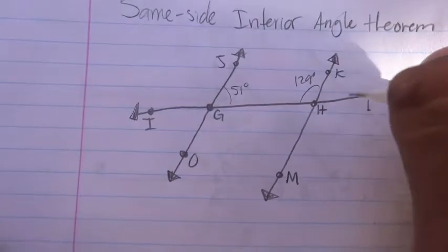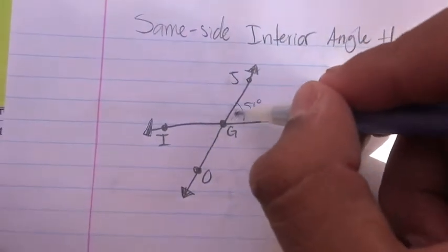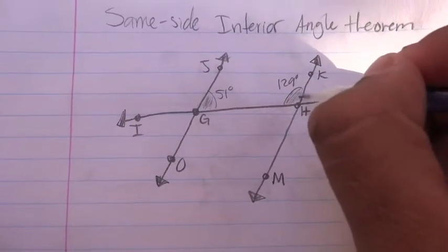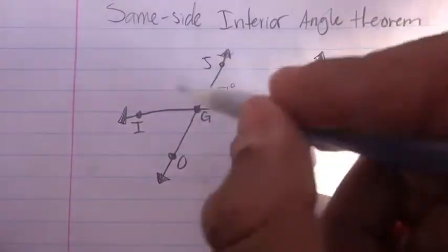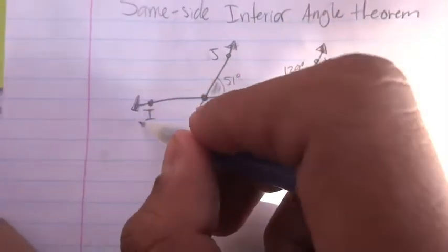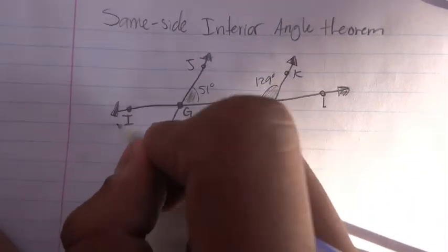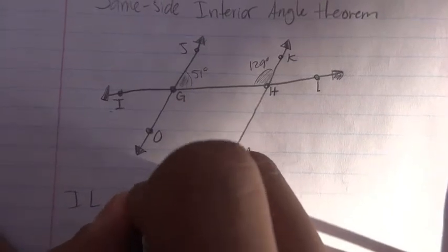Alright, so as you can see here, this angle is 51 and this is 129. So this all has to equal 180 from this line IL. So IL has to equal 180.